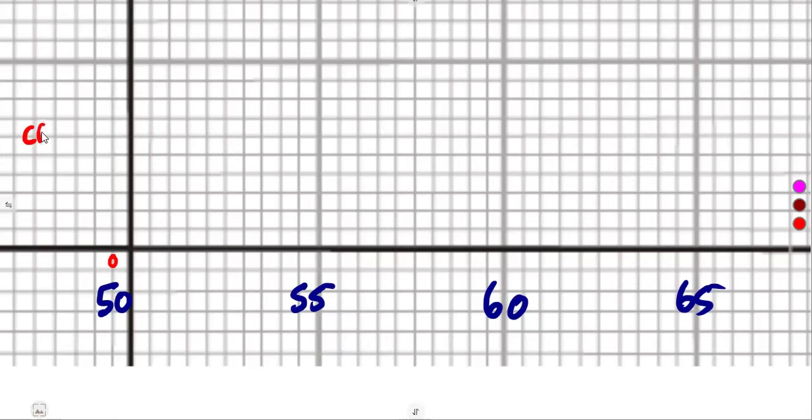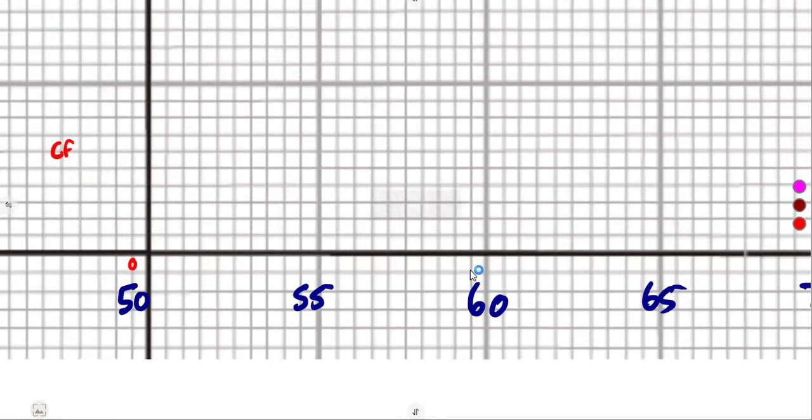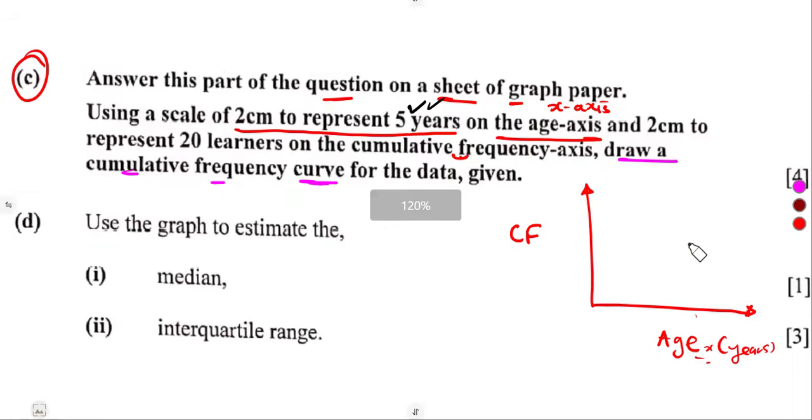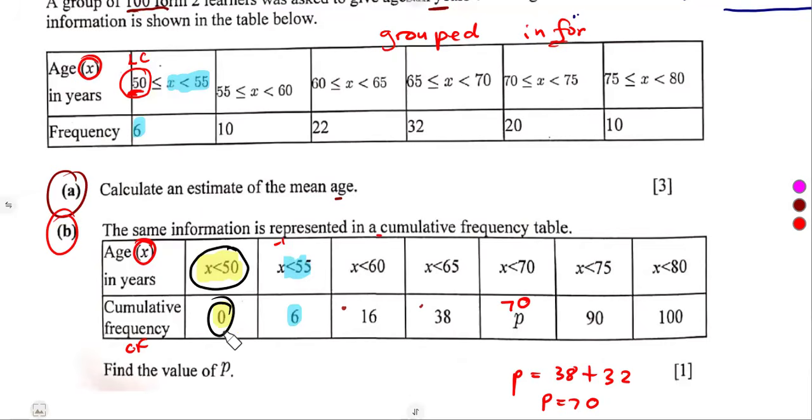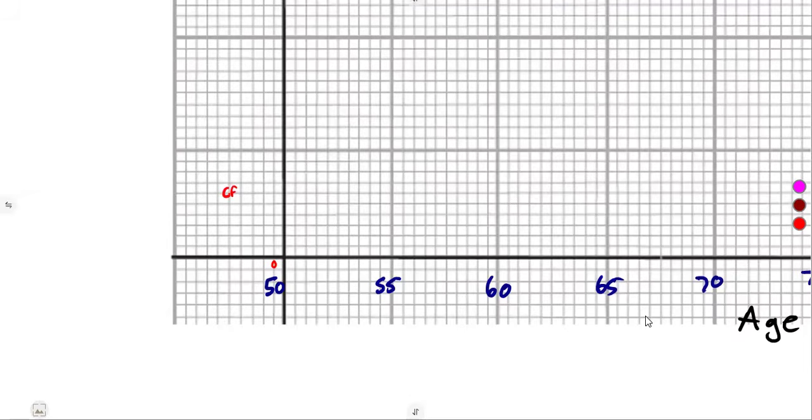Be very careful there. So for the cumulative frequency, let's go to the cumulative frequency. It is 2 centimeters to represent 20 learners. So we are going up from 0 up to 100, in 20s.